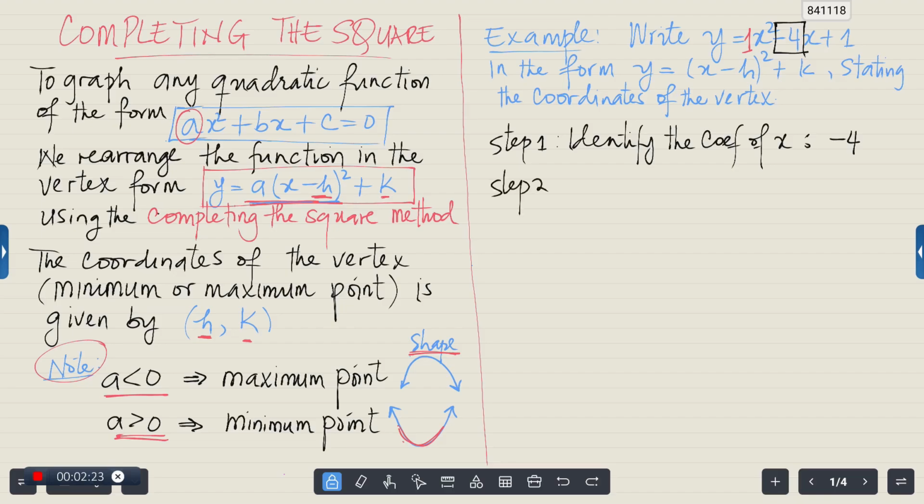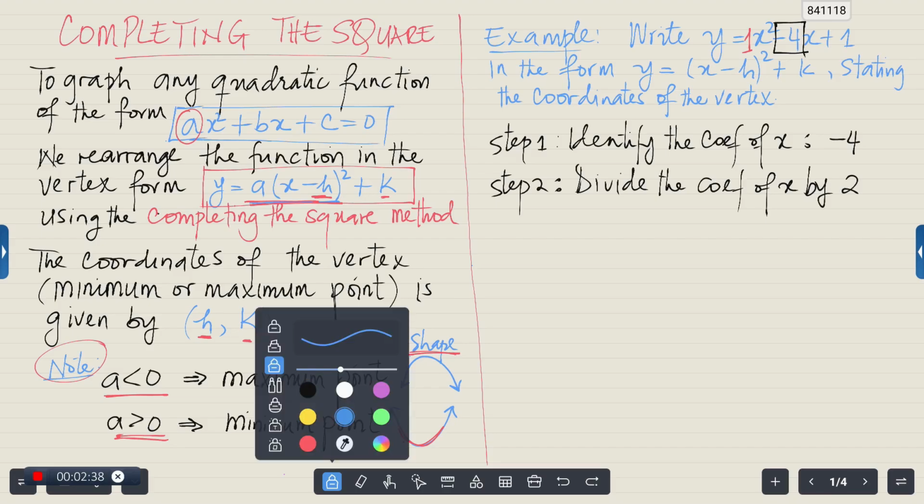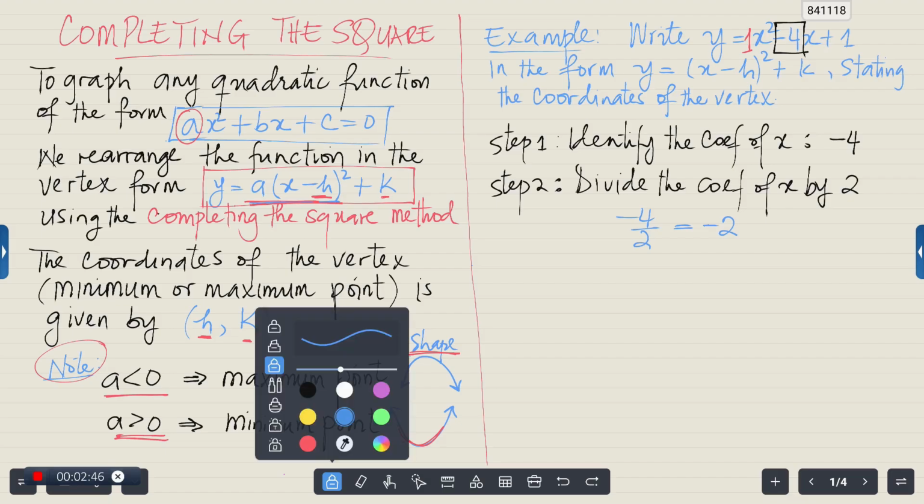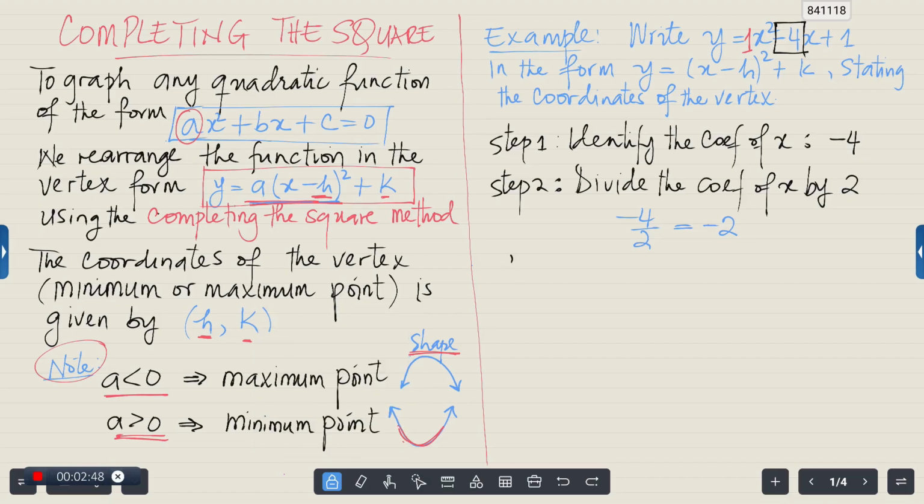Step 2. We divide the coefficient of x by 2. That is, we have minus 4 over 2, giving us negative 2. Step 3.